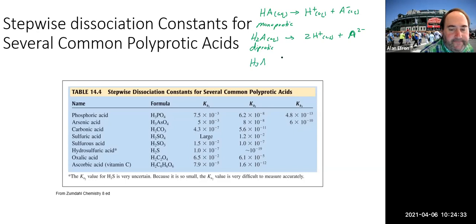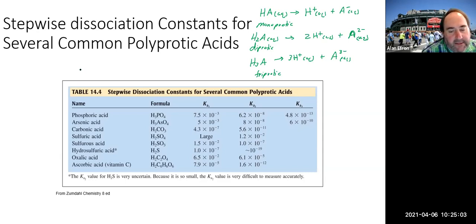H3A will give away three H pluses and will have an anion with a -3 charge overall to balance it out. That is what is referred to as a triprotic acid, and acids with more than one H plus are polyprotic, which includes diprotic and triprotic. So what happens with these H's?